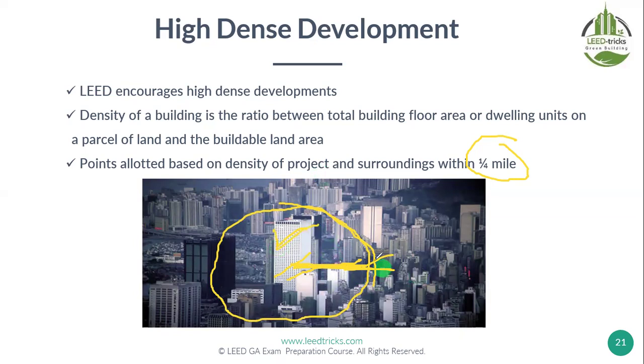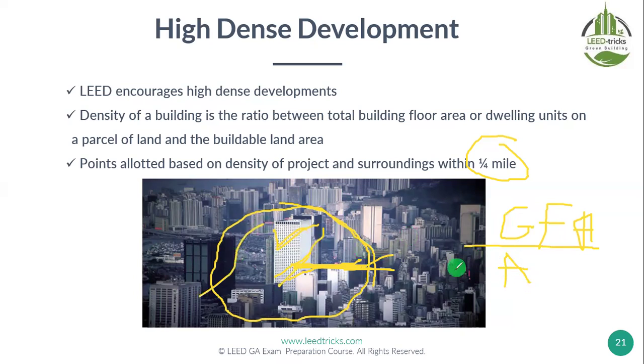I need to calculate the density of the buildings within a quarter mile. So I need to make a simple equation: calculate the gross floor area, GFA, on top, to the area of this circle, the total land area.